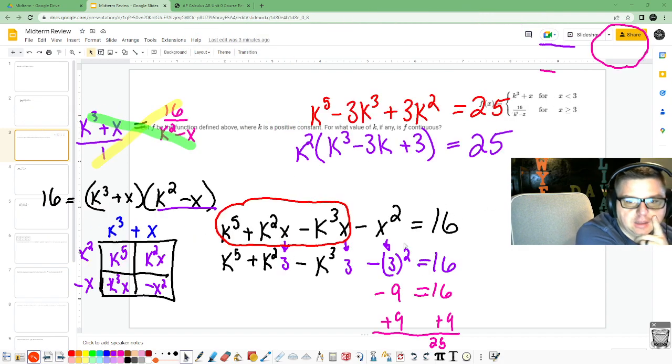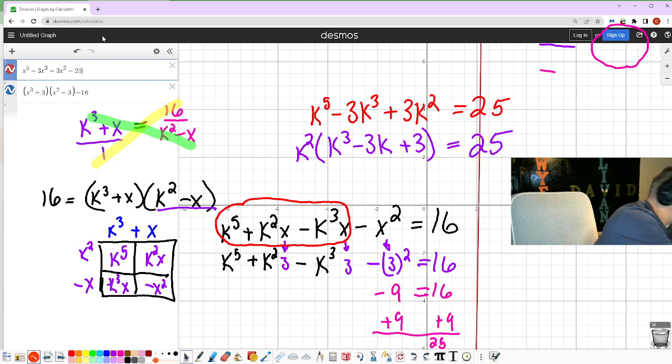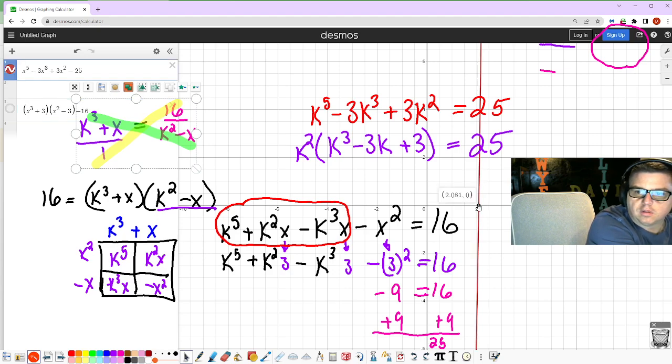So once we got here, and we plugged it in, and we said that we had x to the 5th, so we did x to the 5th minus 3x cubed plus 3x squared minus 9, so that would be minus 25. And 2.081. Okay, all right.